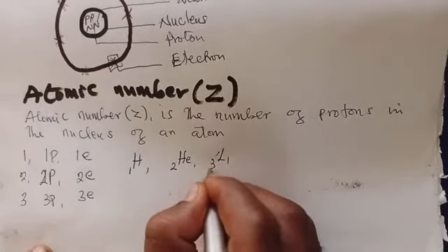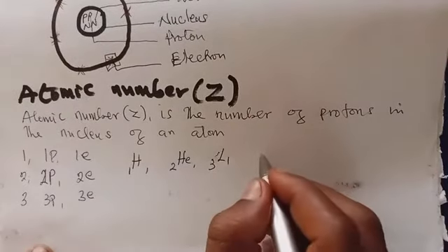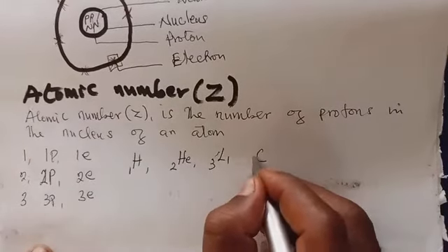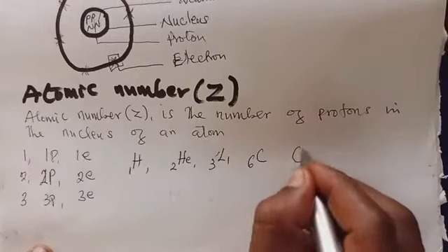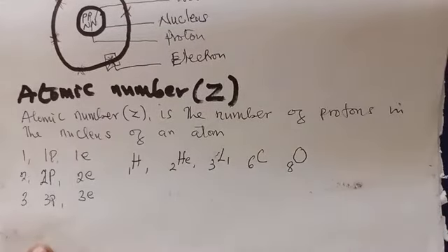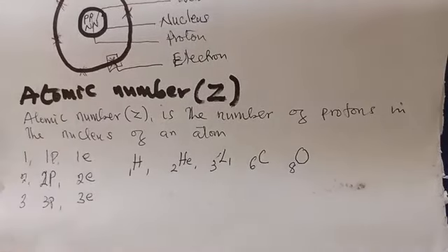Lithium has atomic number 3. Carbon 6. Oxygen 8. And so on and so forth. This is what the atomic number of an element is. Simply the number of protons in the nucleus of an atom of the element is what the atomic number is.